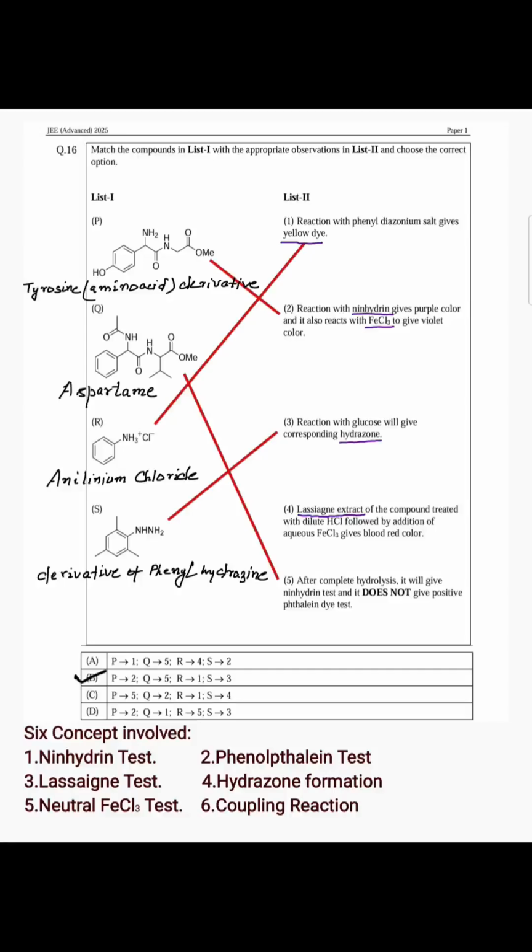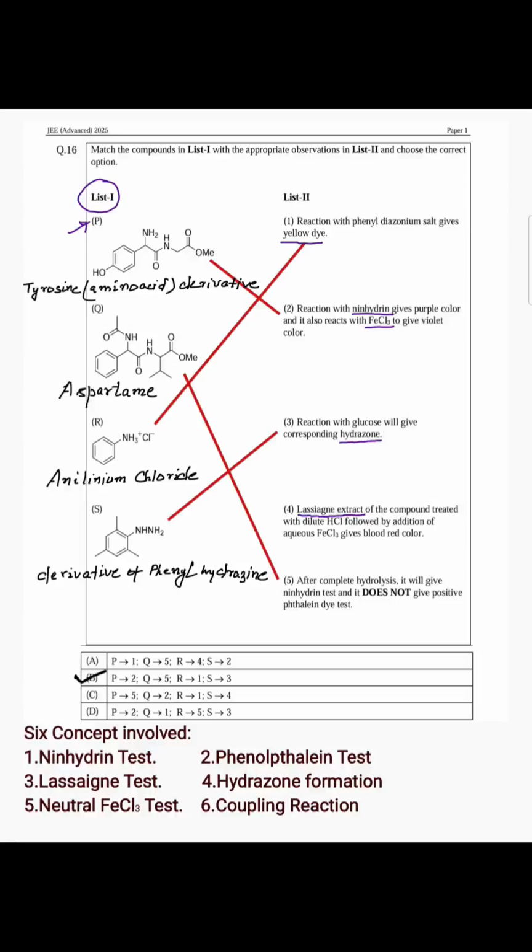In list 1, as we can see, this is an amino acid. Here in list 1, you can see that compound P is a derivative of tyrosine, which is an amino acid, and Q is aspartame, again an amino acid, and R is aniline chloride. These are all basic compounds, and S of list 1 is a derivative of phenylhydrazine.